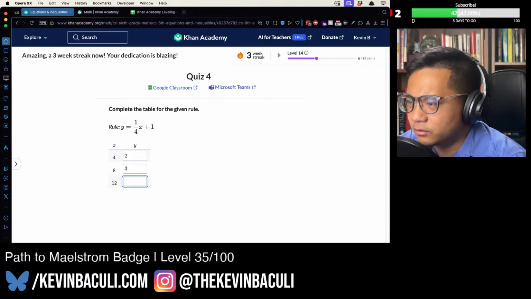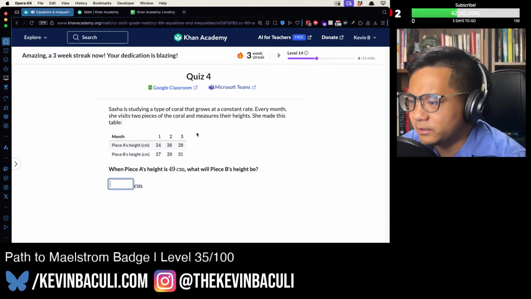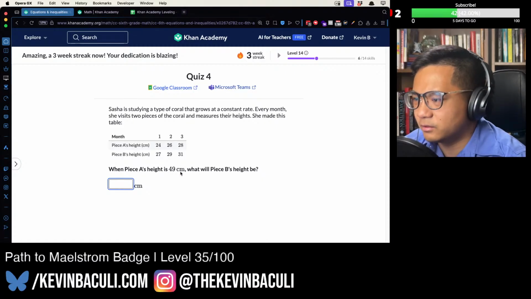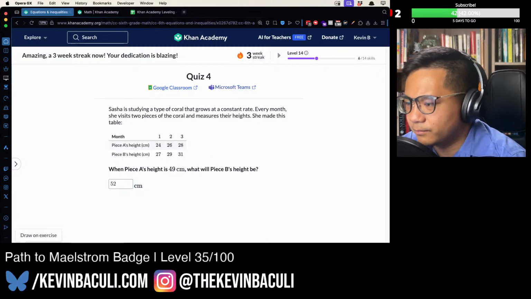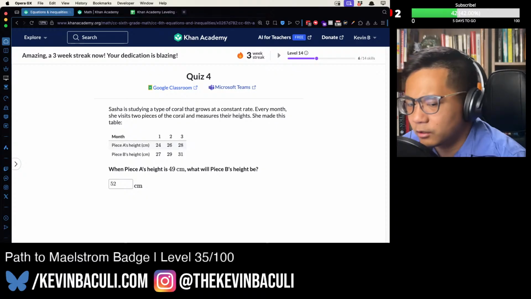This is 4. Piece A's height is 49 centimeters. Plus 3, plus 3, plus 3, plus 3. 2. Plus 3.